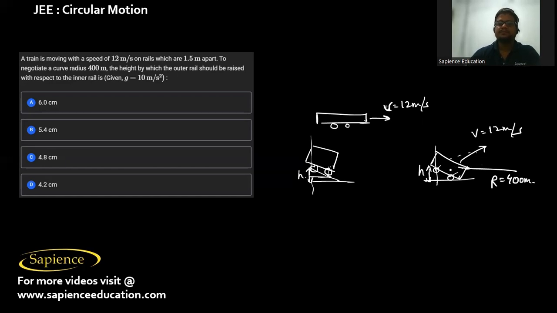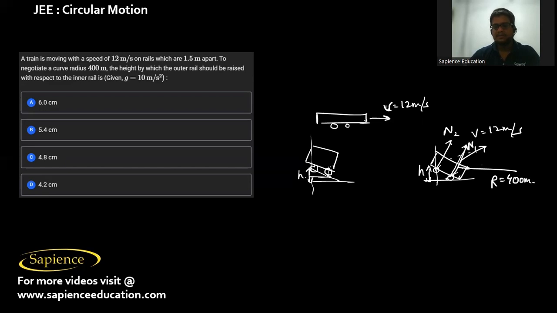So therefore here there will be a normal reaction, and this is on the inner rail, the normal reaction is N1.